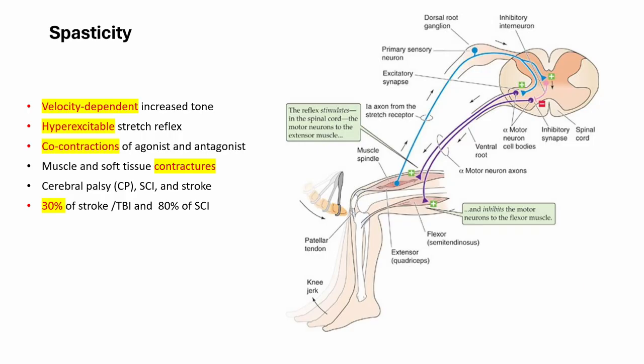It is also important to realize the co-contraction of antagonists and agonists, the neglect of which will result in muscle contractures and deformity. The common causes of spasticity are cerebral palsy, spinal cord injuries, and stroke. 30% of stroke will end up with spasticity, and about 80% of spinal cord injuries end up with spasticity.